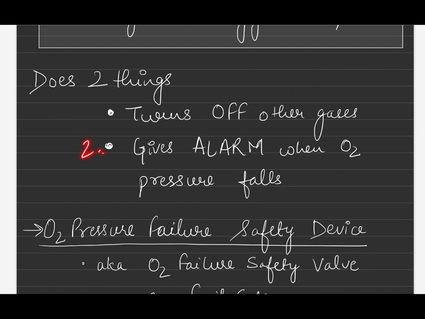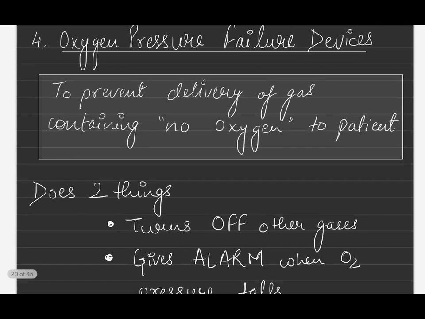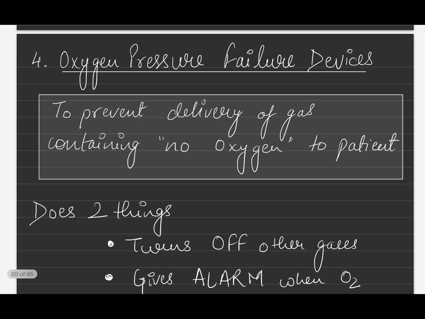Second function is it gives alarm when oxygen pressure falls. So, oxygen pressure failure devices, the function is if the mixture has no oxygen or less oxygen, it will prevent the delivery of mixture of gases.